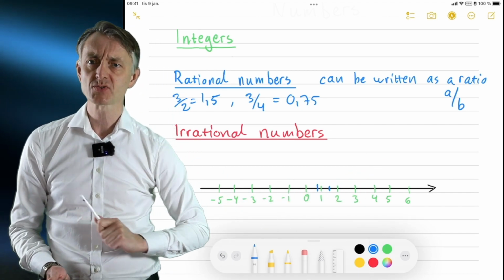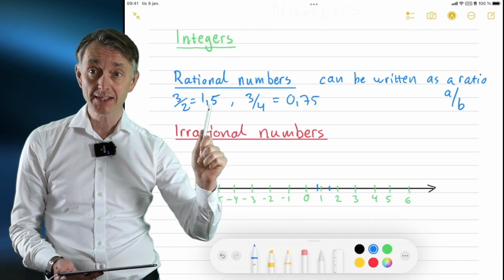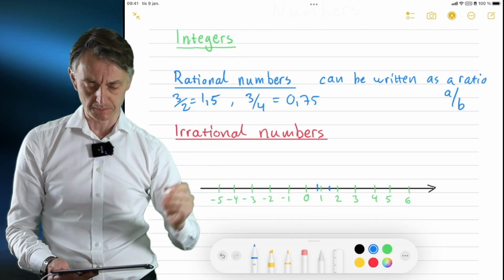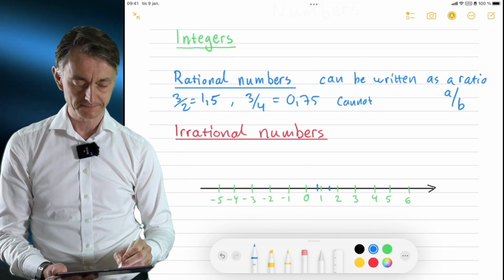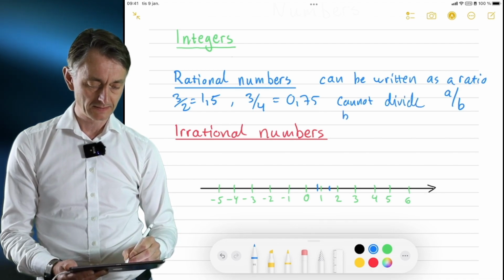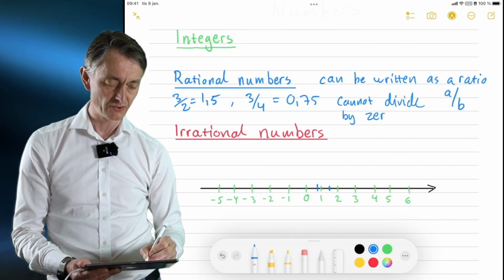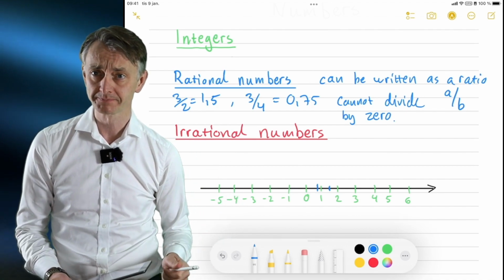But one thing you must remember when you're talking about rational numbers is that you cannot divide by 0, because then such a number is not defined.